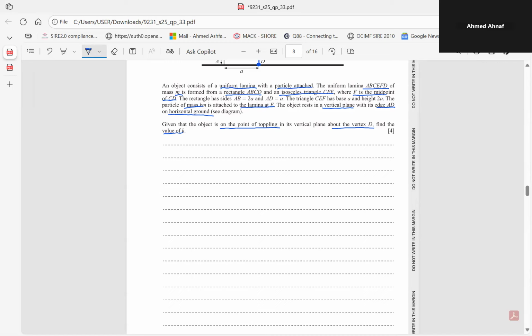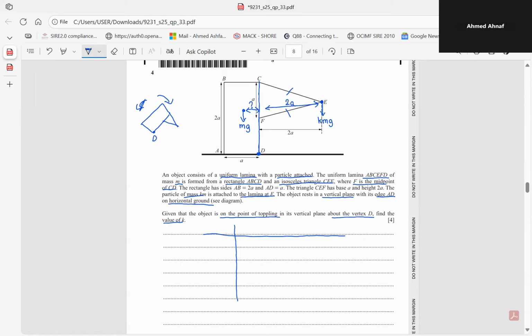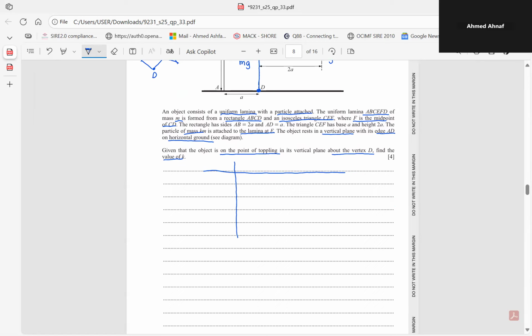To find the center of mass, you have to make a table like this. In this column, you write down the shapes that form your lamina: ABCD, that's the rectangle, and then the triangle CEF, and finally the lamina.